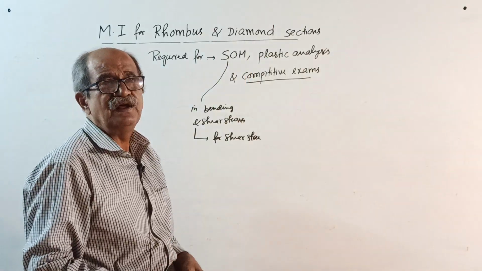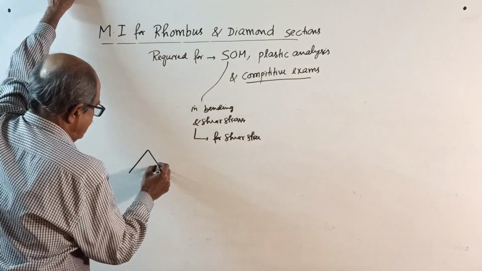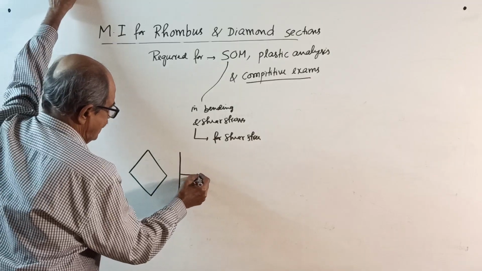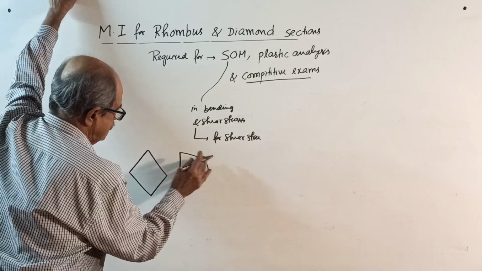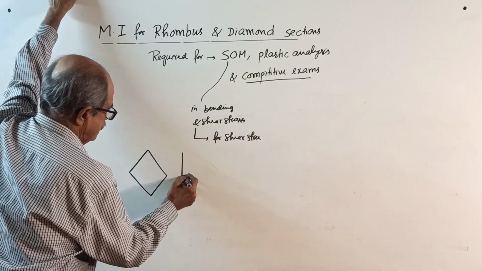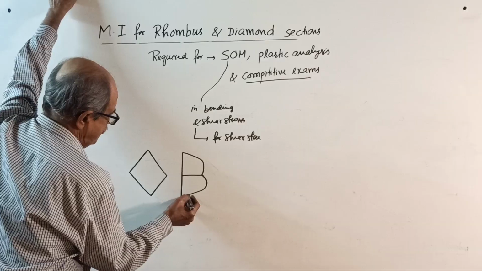It's a very popular bookwork. Those who have studied strength of materials might have observed the shear stress distribution comes like this, maximum, not that way, it will come this way.